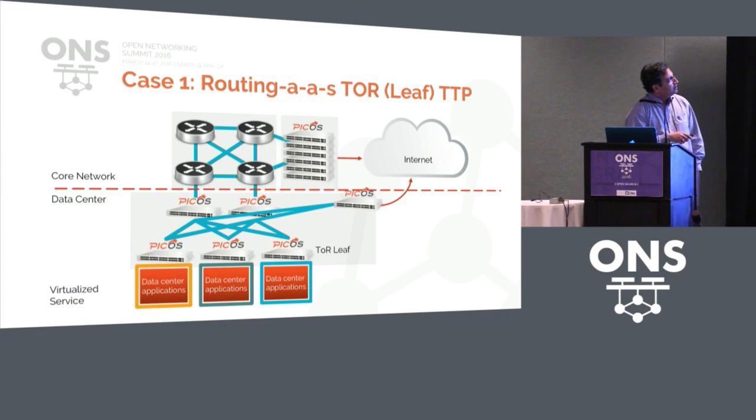The same unicast routing TTP discussed earlier provided them with the dynamic ability to stitch particular segments to enable routing on demand, or switching on demand, on the top of the rack. That allowed this customer to stitch together network applications or virtualized services to someone via the internet.